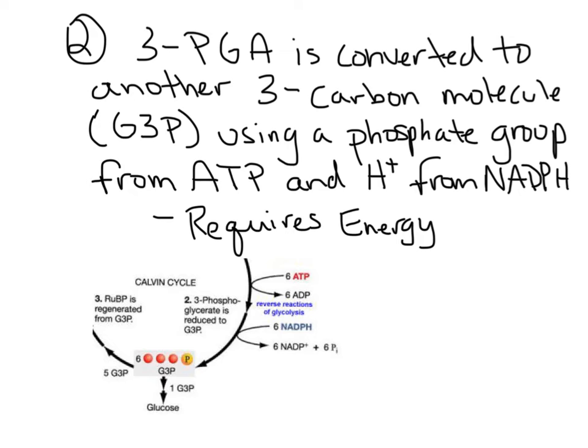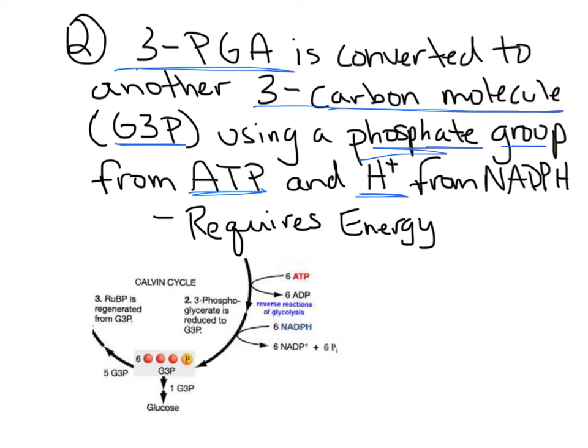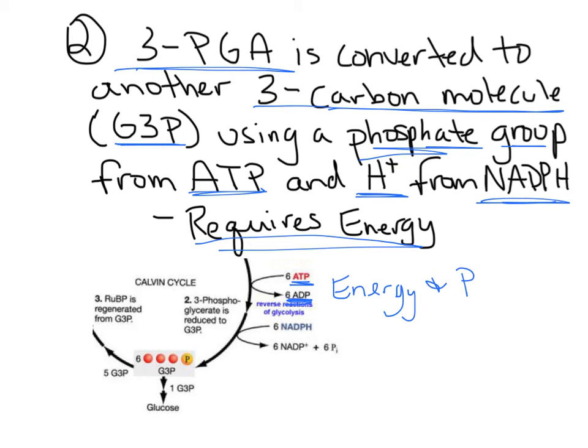The 3PGA is then converted into another 3-carbon molecule called G3P, and this is using the phosphate group from the ATP and then the H plus from the NADPH to make this new molecule, and this process requires energy. So as the phosphates are released from ATP making ADP, we get energy, but we also get the phosphate that we need.